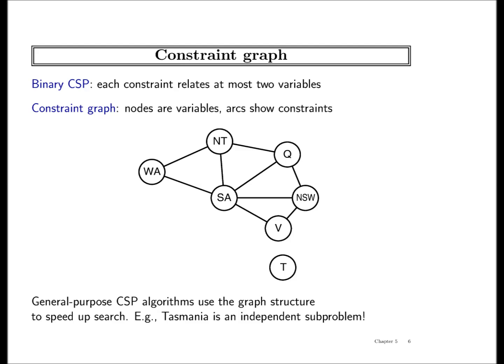So here WA not equal to NT is a binary constraint because it's only relating two variables. And so this tells me that there is a constraint between WA and NT, there is a constraint between NT and Q, there is a constraint between Q and NSW, but there is no direct constraint between Western Australia and Victoria because they are not adjacent to each other.